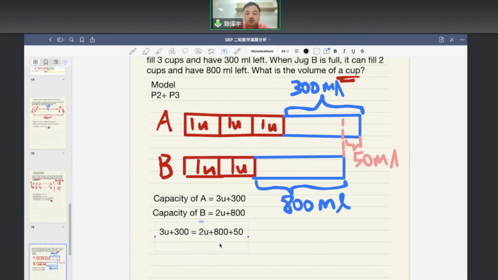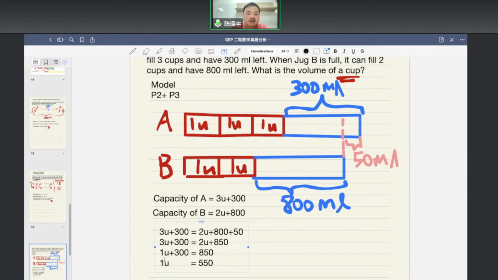So I get 3U plus 300 equals 2U plus 850. Looking at both sides, we can simplify this equation by cancelling out 2U on both sides first. So left with 1U plus 300 equals 850. Then you can also cancel away 300 on both sides. So left with 1U equals 550.